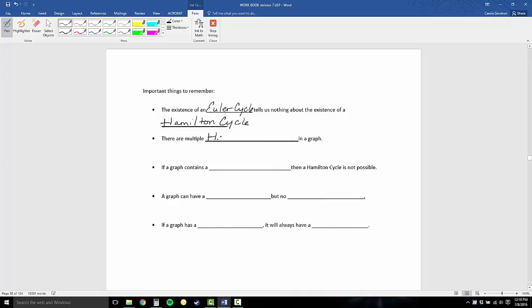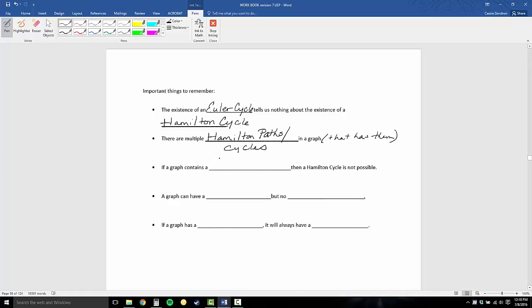There are multiple Hamilton paths and cycles in a graph that has them. Sometimes they'll be unique. Sometimes you have so many you can't even count them.